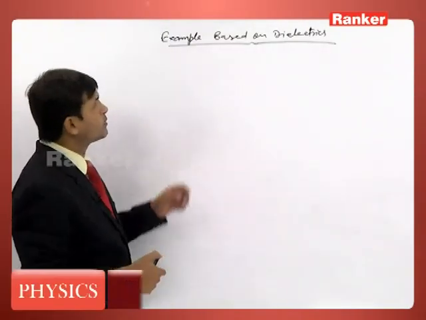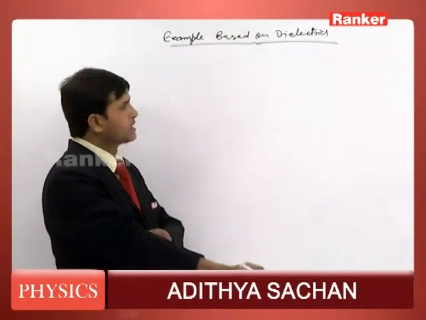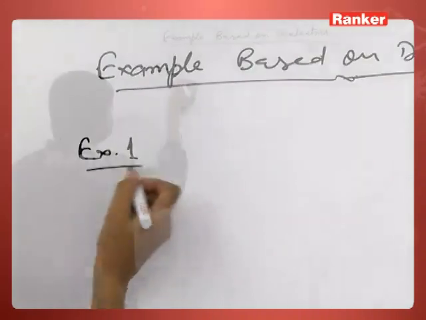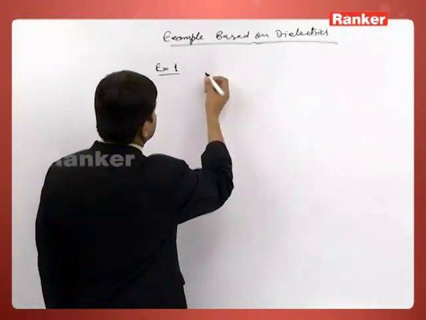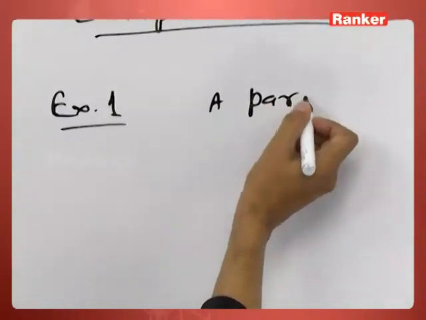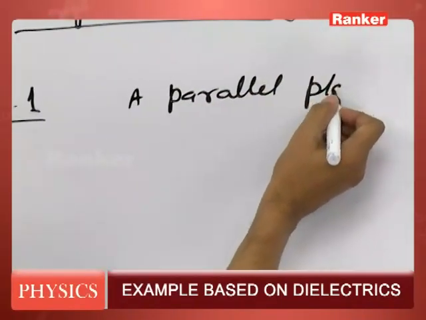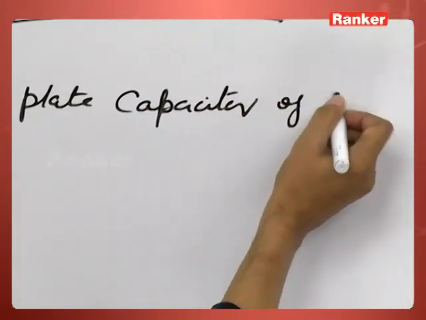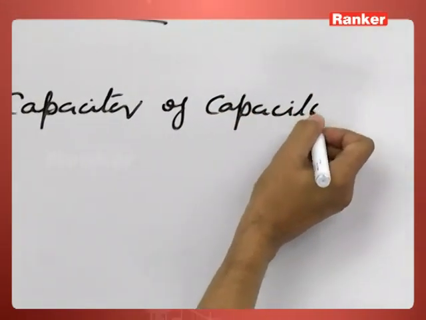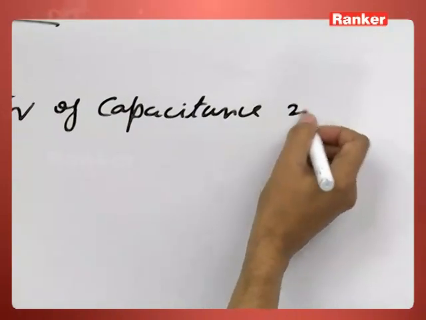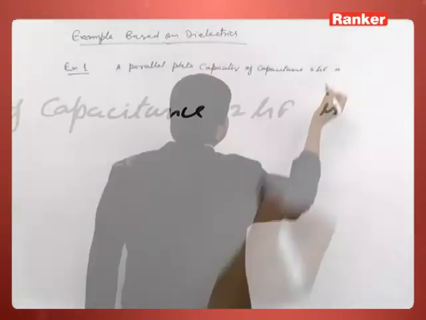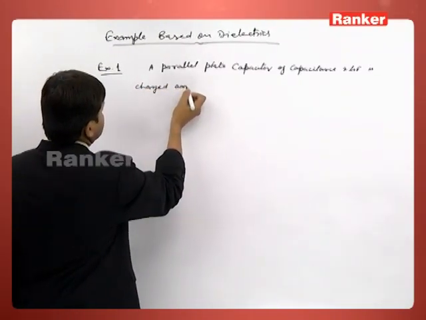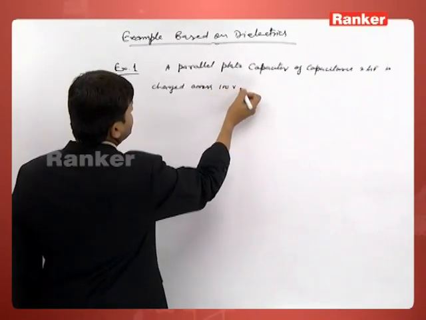Now see a few examples based on dielectric, how the dielectric affects a capacitor. Example number 1: a parallel plate capacitor of capacitance 2 microfarad is charged across a 100-volt battery.